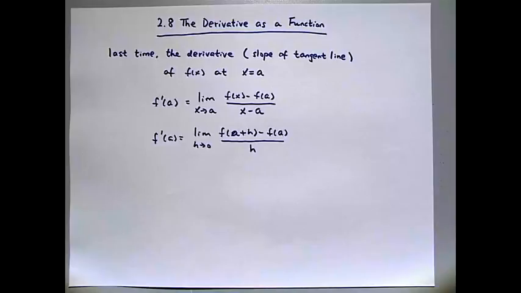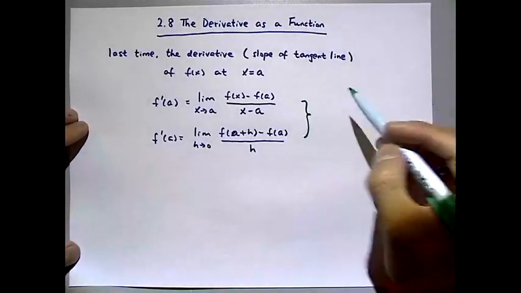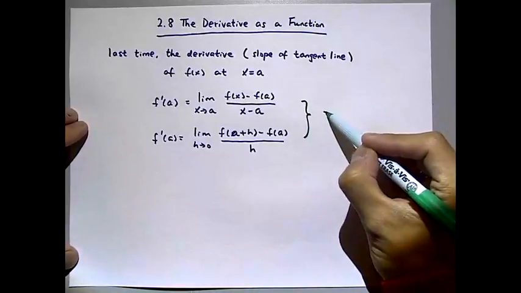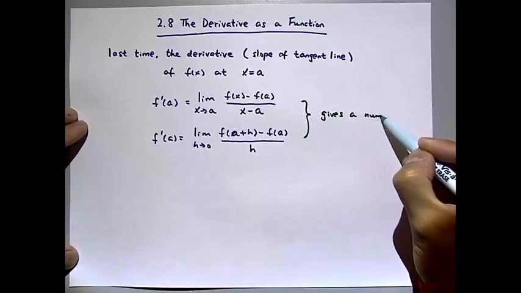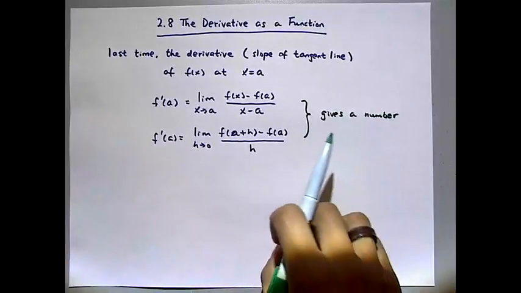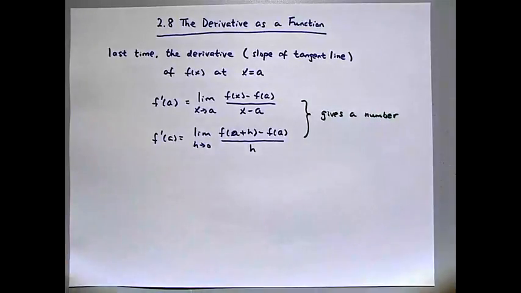The important thing to note here is that both of these will only give you a number. Once you decide what a is equal to, both of these will give you one number that corresponds to that particular a that you have chosen.